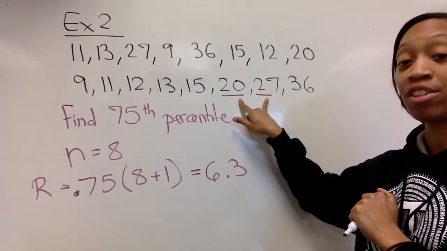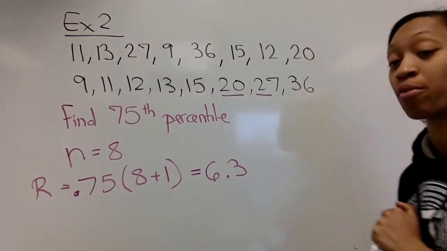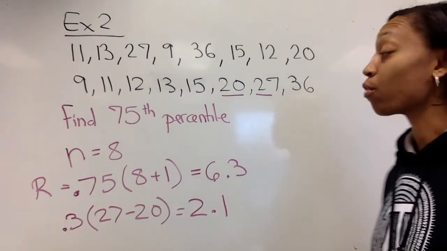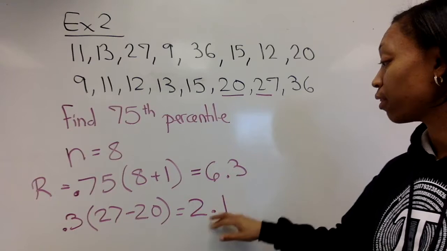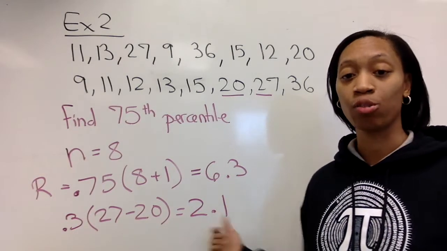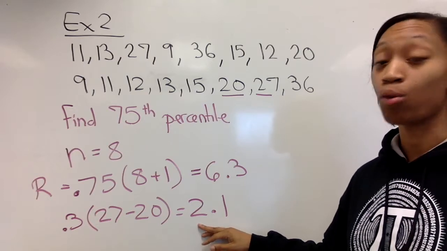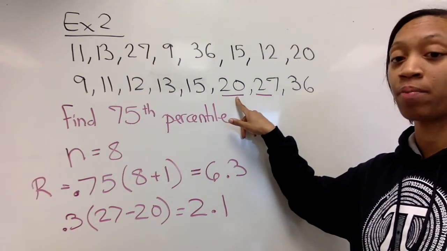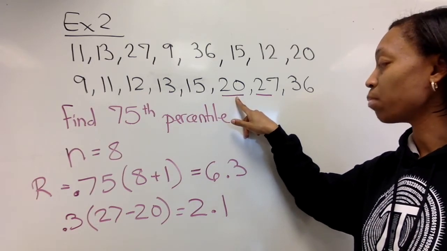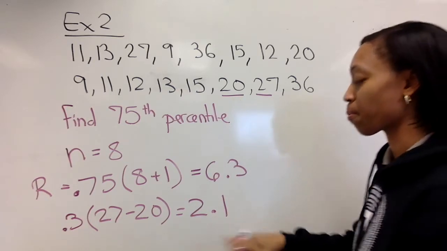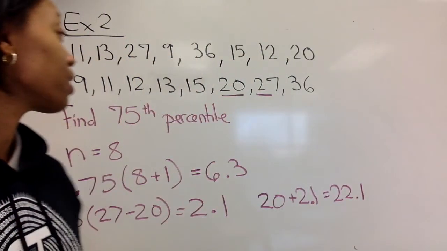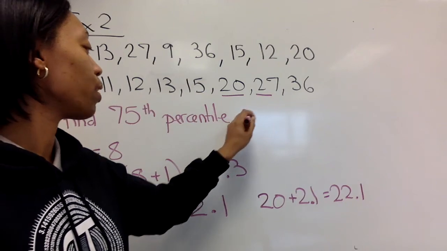We're going to find the difference and multiply by 0.3, the decimal part. Well, 0.3 times 7 gives us 2.1. So we need to add 2.1 more past the 20. So the answer is 20 plus 2.1. That means that the 75th percentile is 22.1.